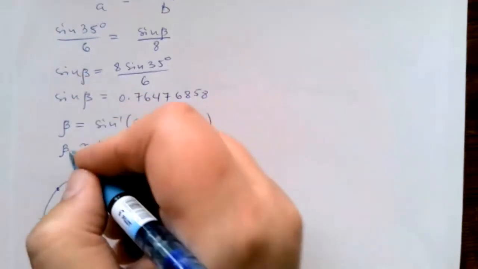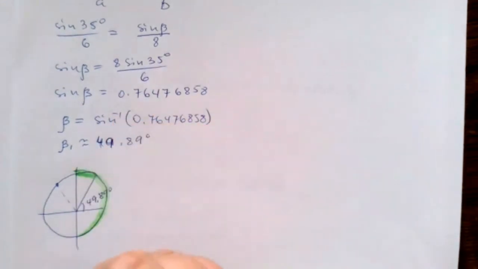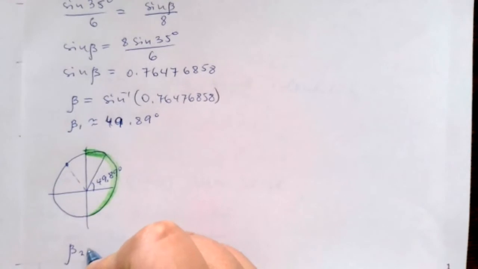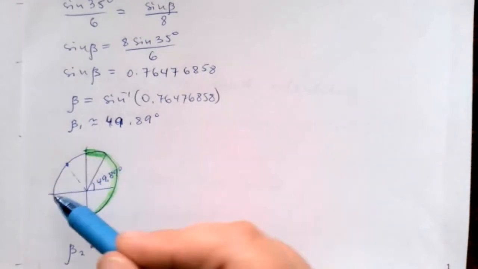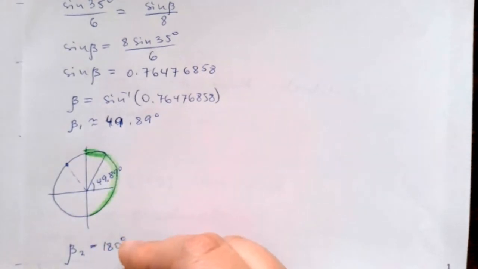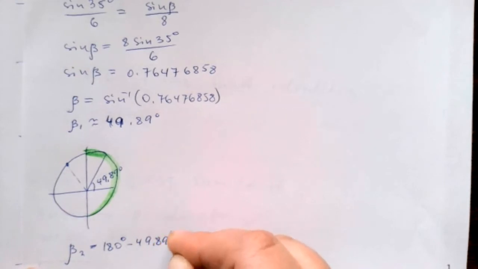So we're going to call this beta 1. What about another beta? We have a beta 2 possibility here, which is going to be pi or 180 minus this angle. It's going to be 180 minus 49.89.